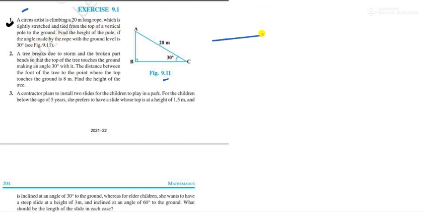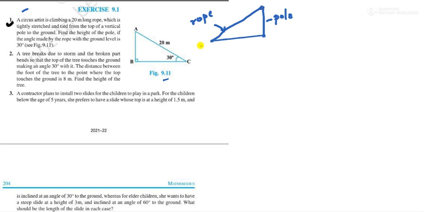The pole could be on this side or this side; it is up to you. Let me take it this side. So this is the pole. From here to here it has been tied. What is this then? Yes, this is the rope. This is the pole, the top of the pole here, the bottom of the pole here.